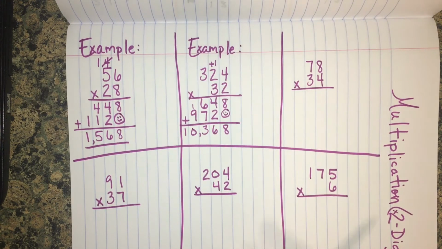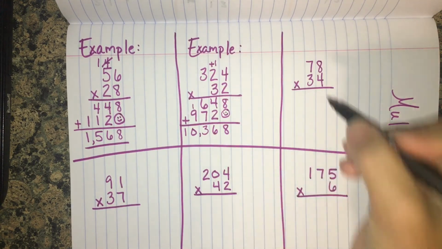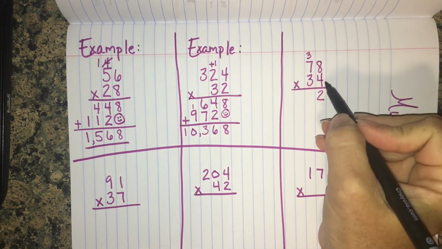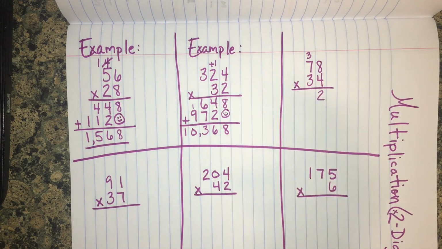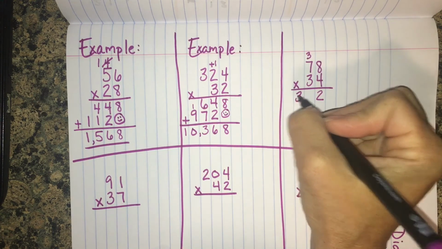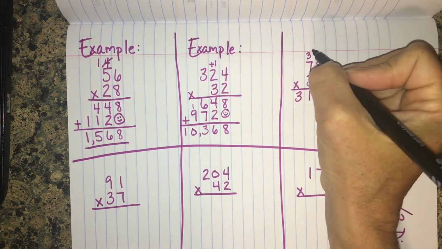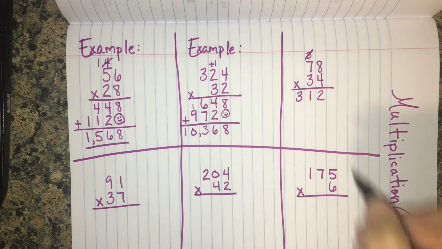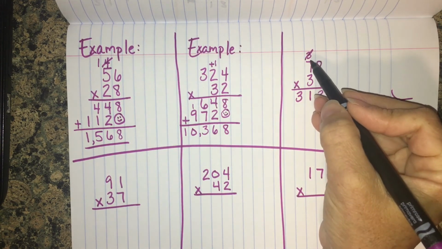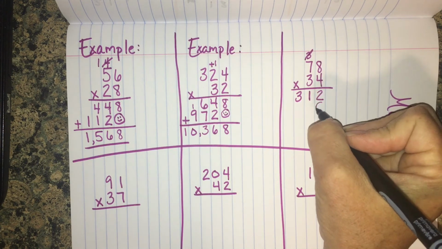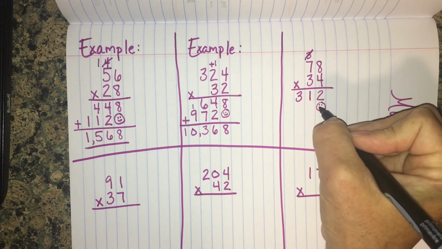I'm going to start by working through 78 times 34. 8 times 4 is 32. 7 times 4 is 28, plus 3 is 31. Now I'm done with the 3, so I'm going to cross it out. I see a lot of mistakes when kids don't cross these out and they move on to the second number because you get mixed up on which number you should add.